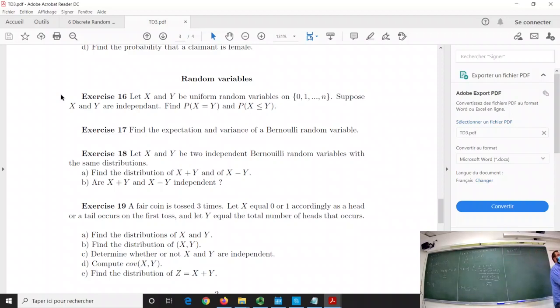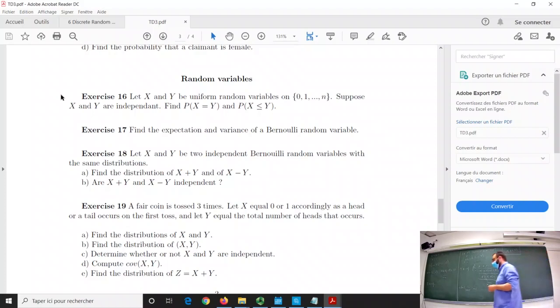Which one? A result in the course that tells you that in order to compute a probability, you may know some related probabilities, and then you do a sum, and at the end you obtain the whole probability you are interested in. The law of total probability.